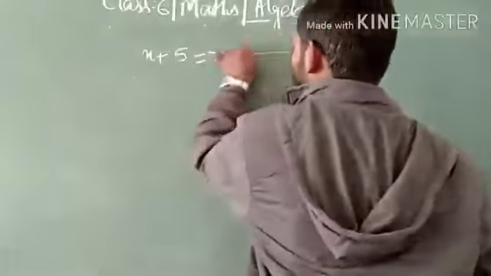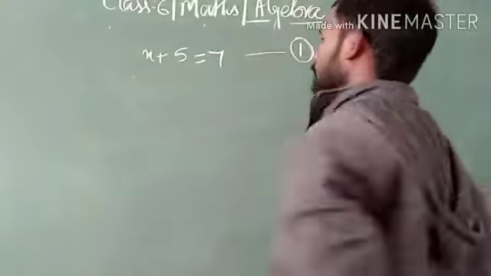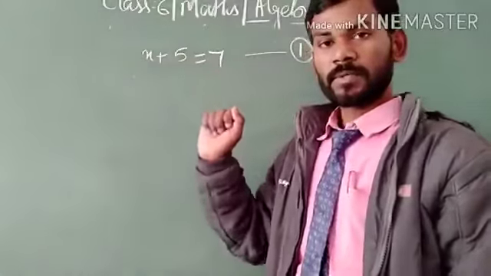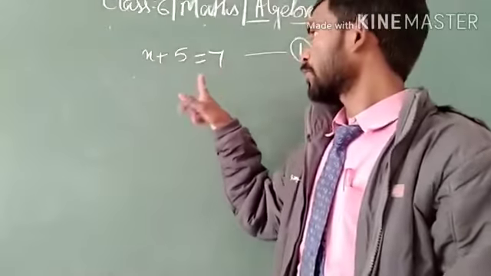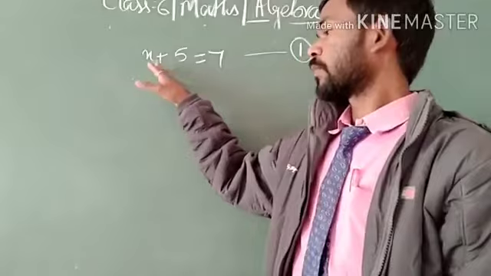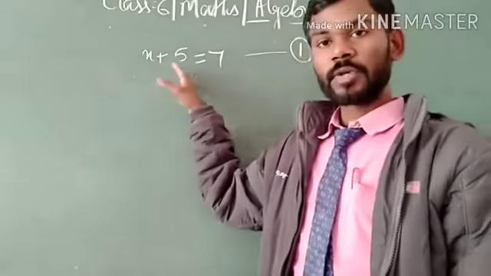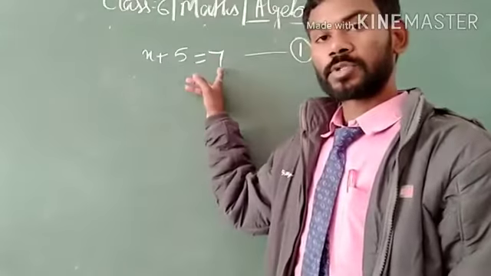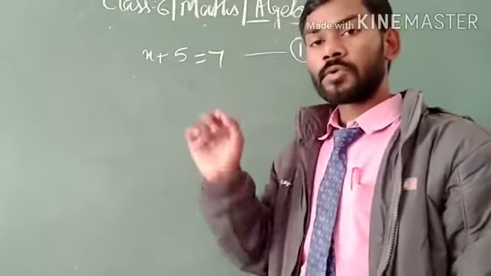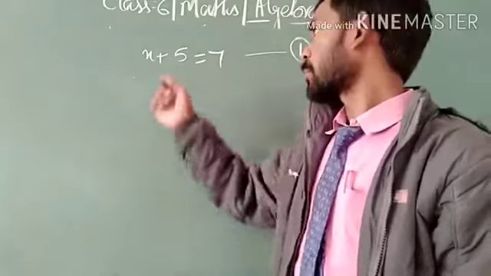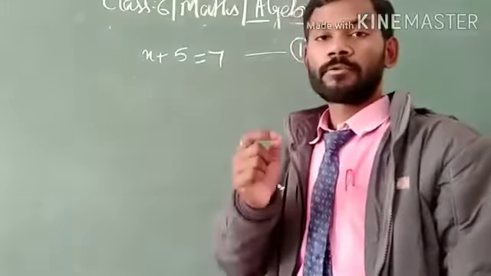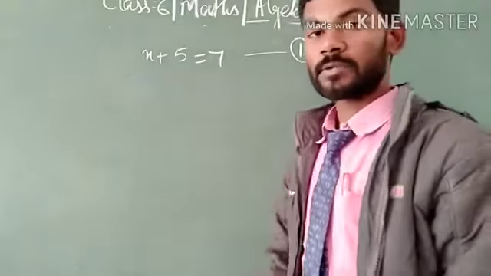In this equation, we can see that 5 is added with x. Therefore, in order to remove 5 from the left hand side, we have to operate the same number on both sides. So, which number should be operated on the left hand side in order to make 5 as 0?